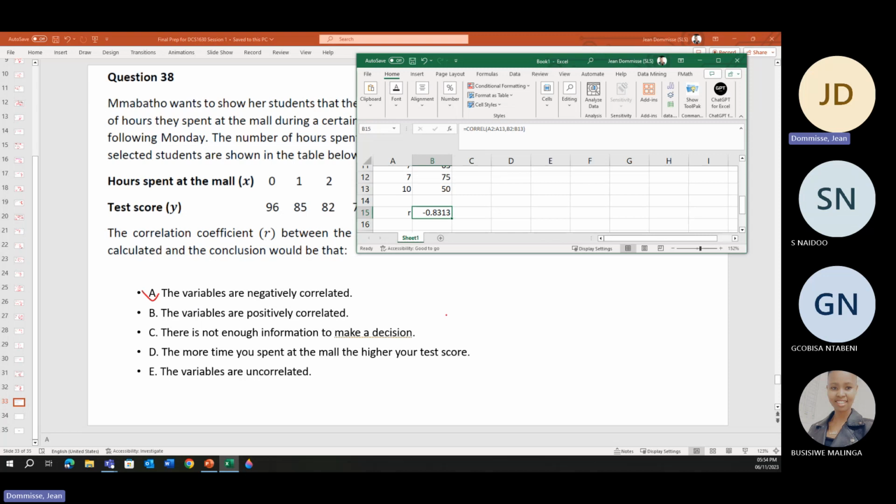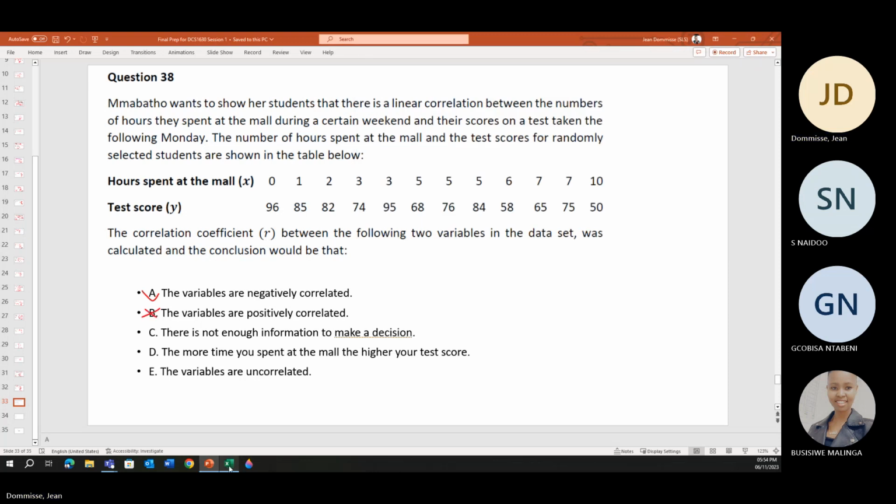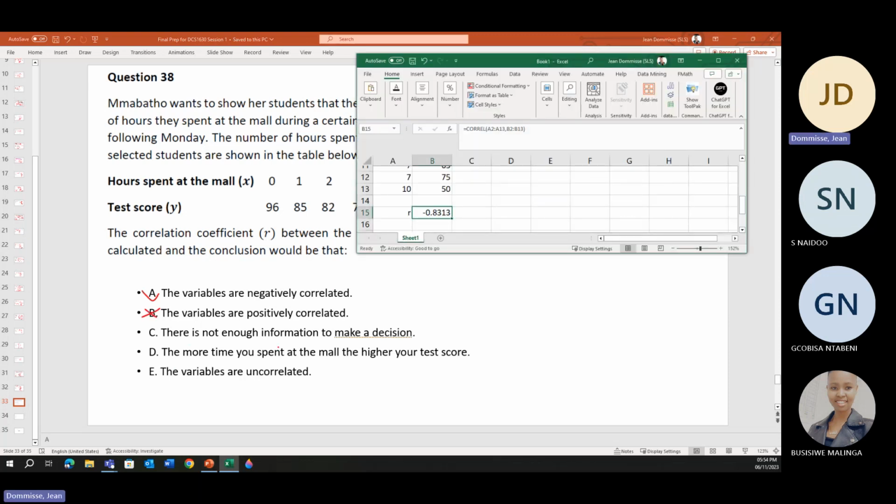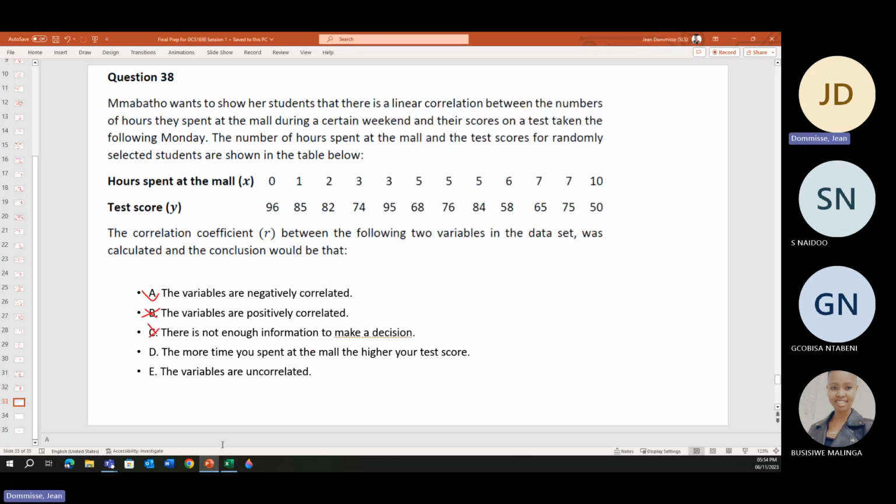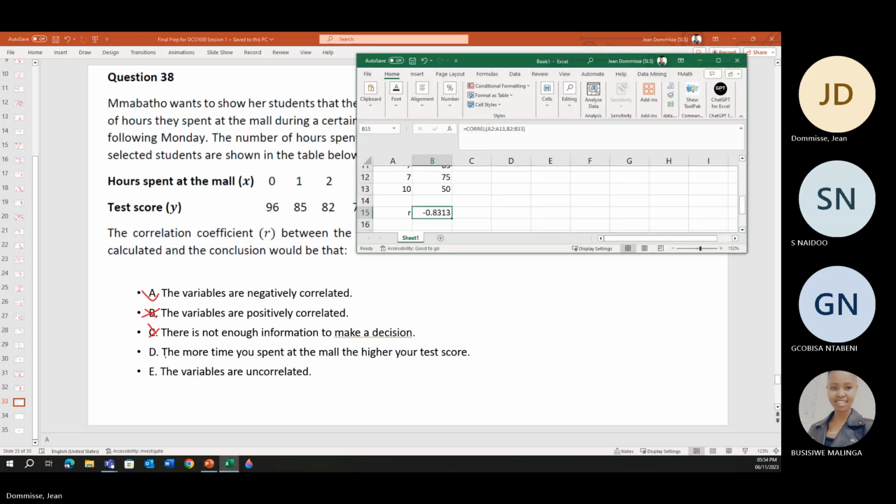Let's just see if there's anything else. The variables are positively correlated. No, it's not. There's not enough information to make a decision. No, that is also not correct. The more time you spend at the mall, the higher your test score. Okay, so that is actually then the opposite because of a negative. So the more time you spend at the mall, the lower your test score.